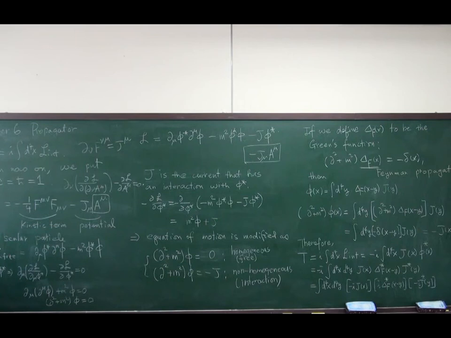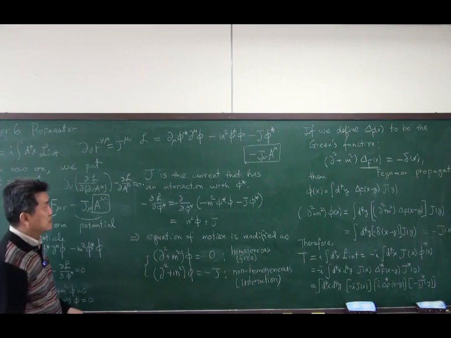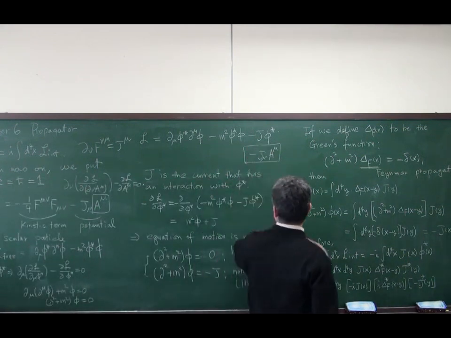So in that case, the modification of the Lagrangian for the phi star field can be made by multiplying minus j, some current. Because phi does not have any vector index, let us just assume that j is a scalar.